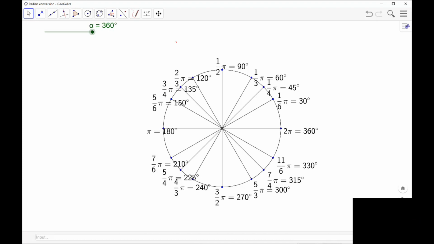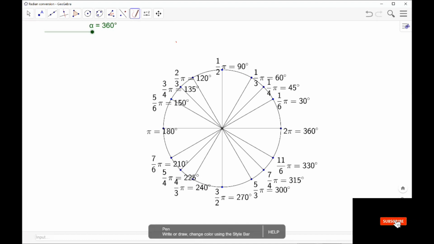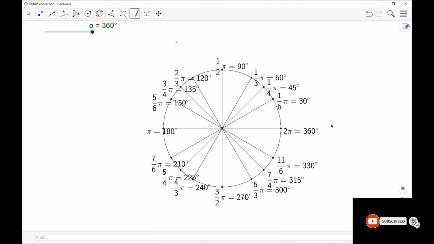The other thing I want to point out is that this is also 0 degrees, or 0 pi. The pattern to memorize these angles is that we're just adding 30 all the way around. Everything I'm highlighting in black, we're just adding 30.